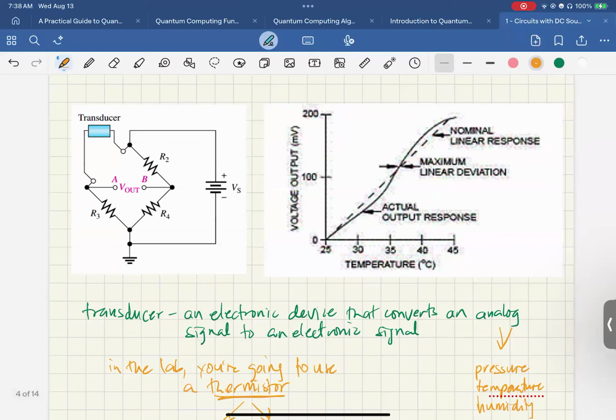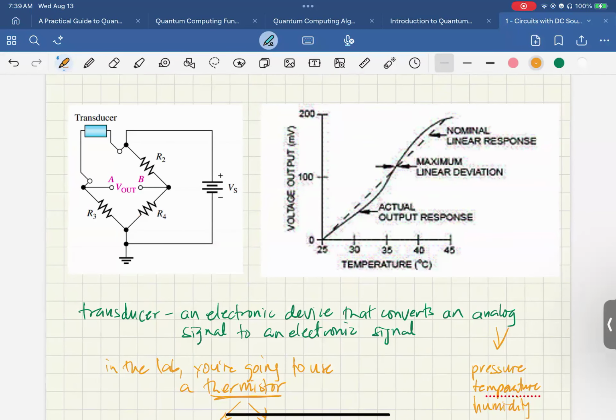Okay, and that's why yung Wheatstone bridge is a perfect circuit to use a thermistor for. Kasi when the resistance of this transducer changes, nagbabago yung resistance niya dito, then the output also changes. And you can actually make or calibrate a thermometer based on the output of this circuit.